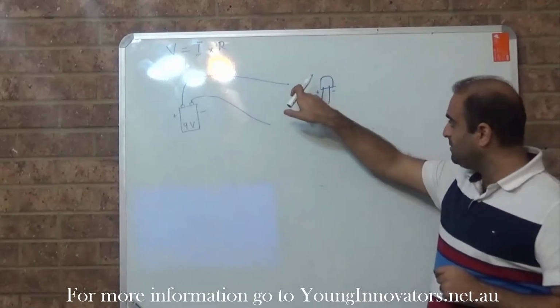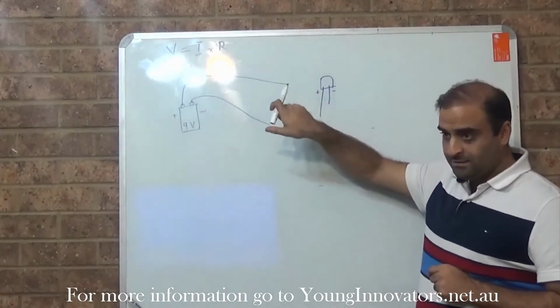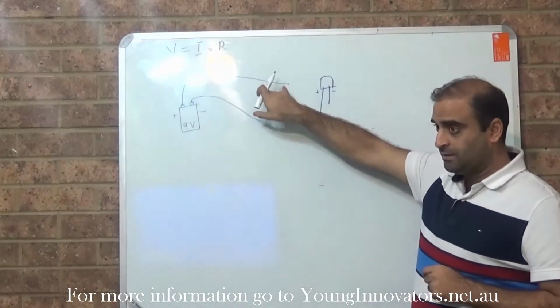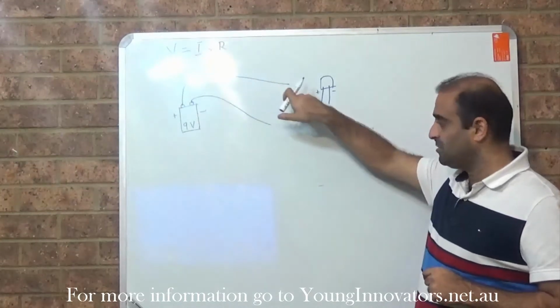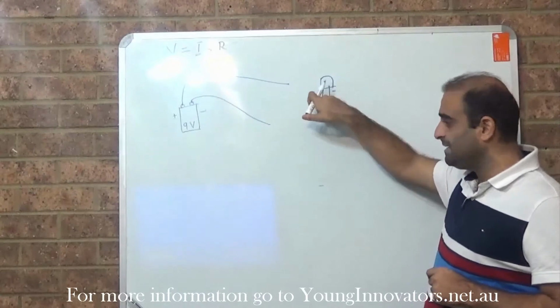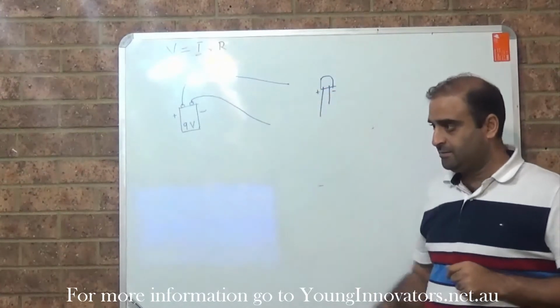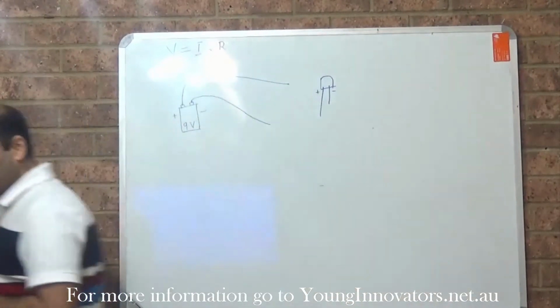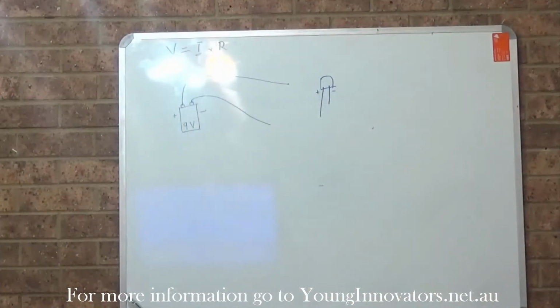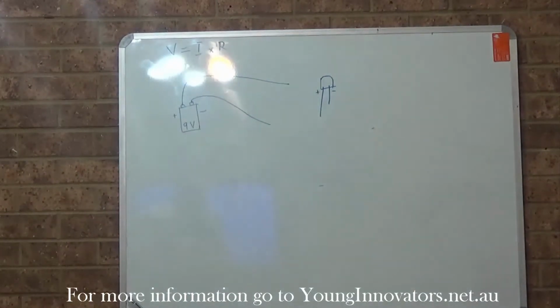So positive needs to be connected to the positive wire, and the negative needs to be connected to the negative wire. Do you guys want to have a look at the LED again to identify which is the positive and the negative side?